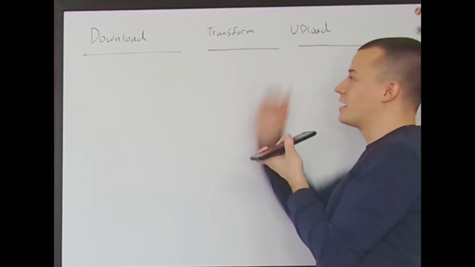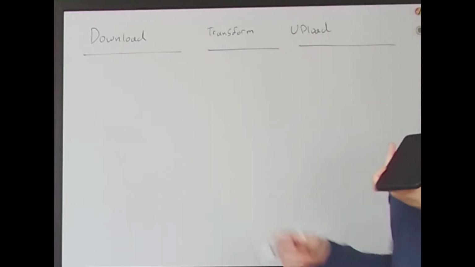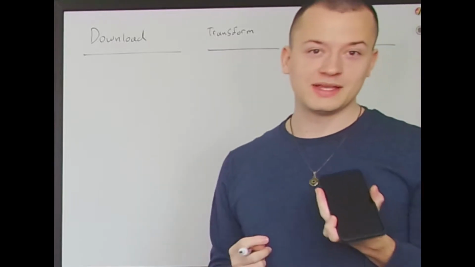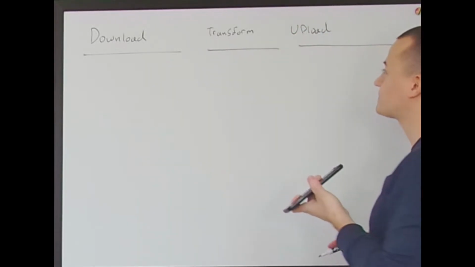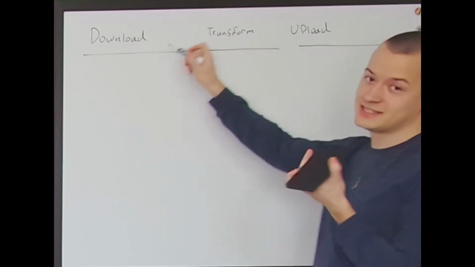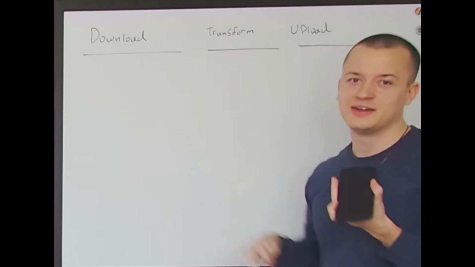I'm just going to point out a couple things that are important for this to work properly but also efficiently. The way I've got this set up is that each of these stages is a separate process on the computer.